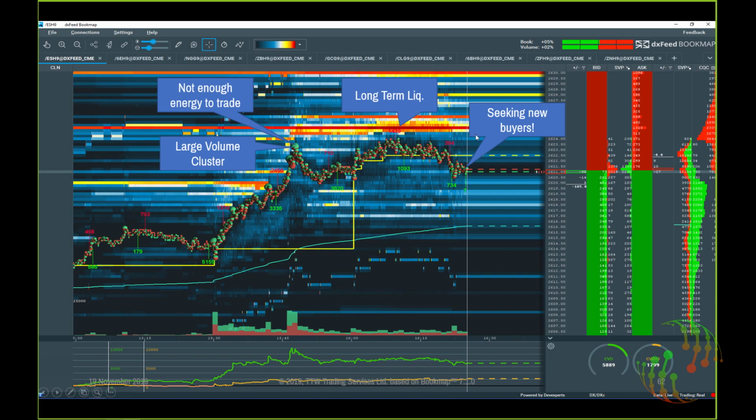The business for this guy or this institution or whoever it is is not done yet, because maybe either he is protecting this level or he wants to be hit. He wants to close his positions here. So mind the big bubbles or the big dots, because they are an indication that something big is happening in the market.